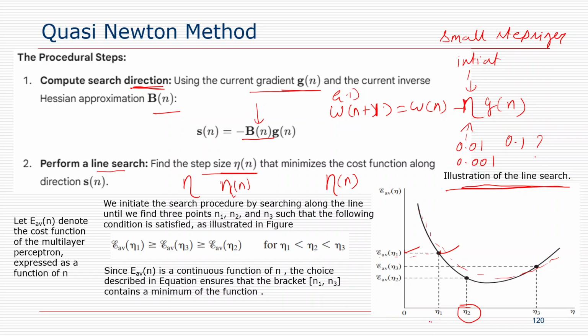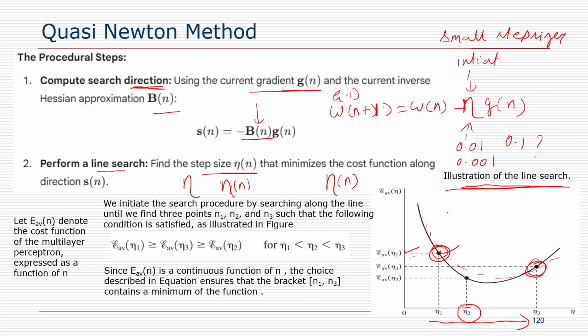We are going in a line search direction. We choose eta 1, eta 2, eta 3 in such a way that the error of eta 1 is greater than the error of eta 3, because that is what we can observe: this one is here and this is a little below.